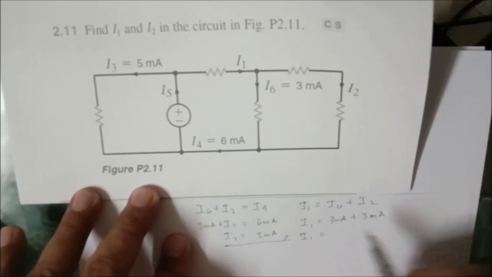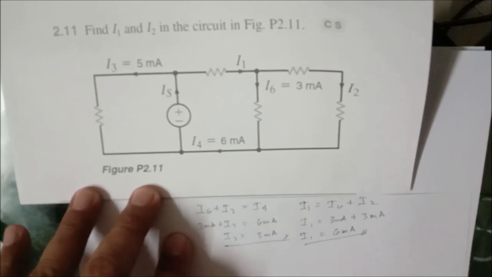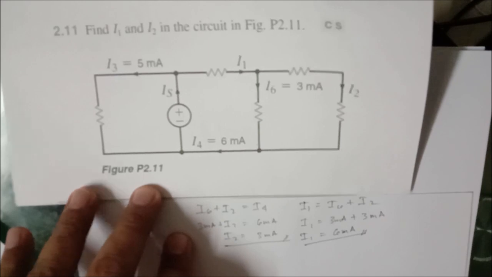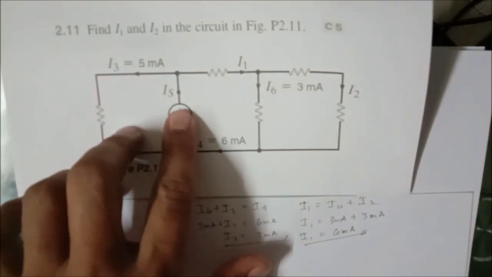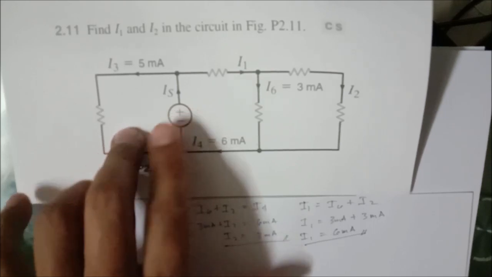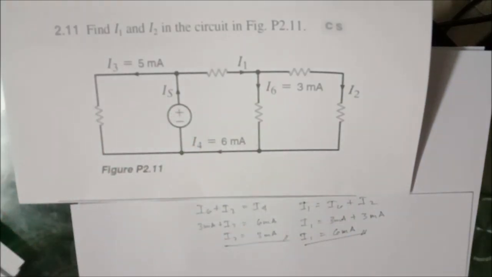I sub 1 is equivalent to 6 milliamperes. Okay. So, kung I sub 1 natin ay 6 milliamperes, maka-compute natin si I sub S. I sub S will be equal to I sub 1 plus I sub 3. So, kung 5 milliamperes si I sub 3, I sub 1 is 6 milliamperes, our current supply is equivalent to 11 milliamperes.